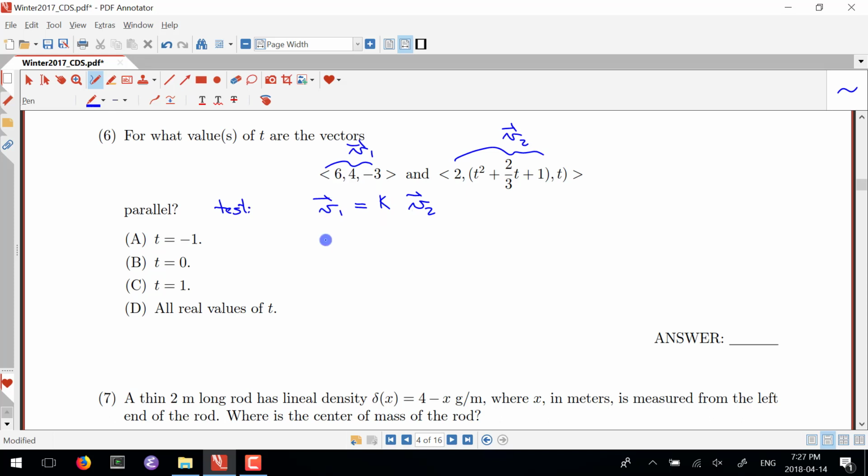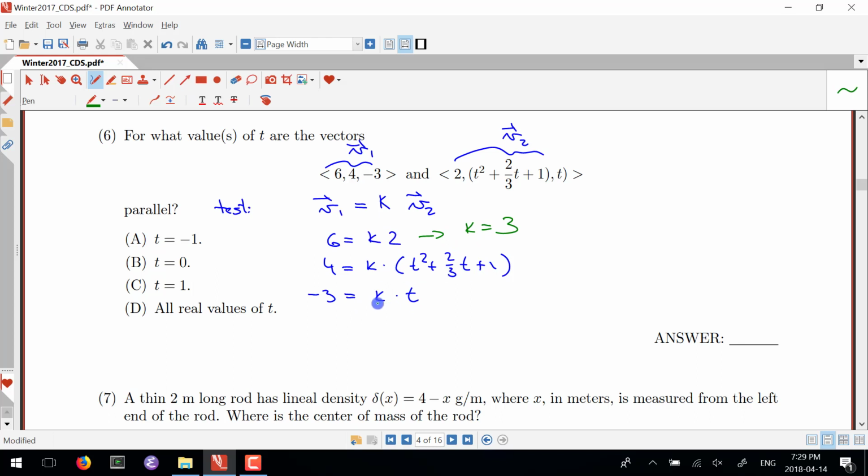And so what that means is we can set up equations that the components have to match. 6 would have to equal k times 2, 4 would have to equal k times that entire expression there with all the fractions and such, and last but not least, negative 3 would have to equal k times t. From these equations, we quickly get that k would equal 3. Then if we look at how we can use that in our other equations, the second equation has quadratics for t.